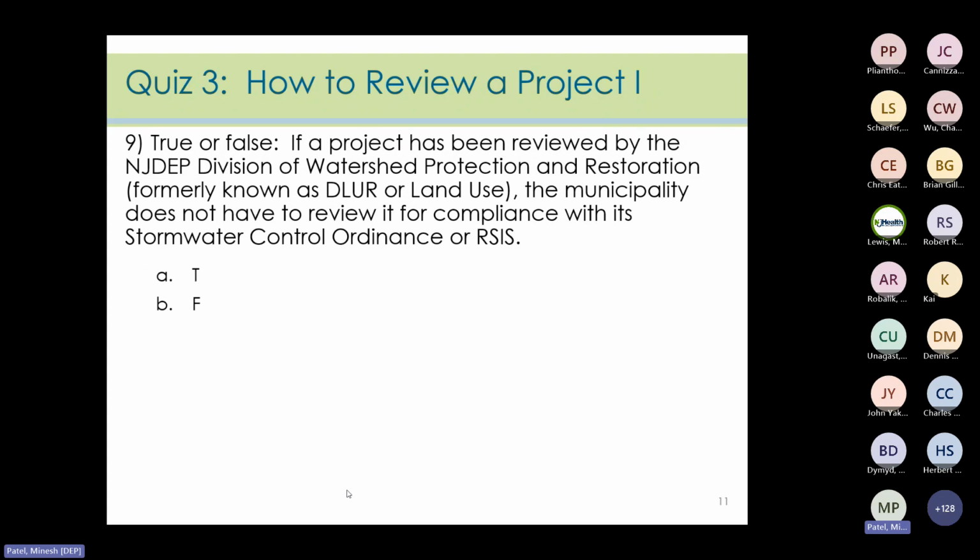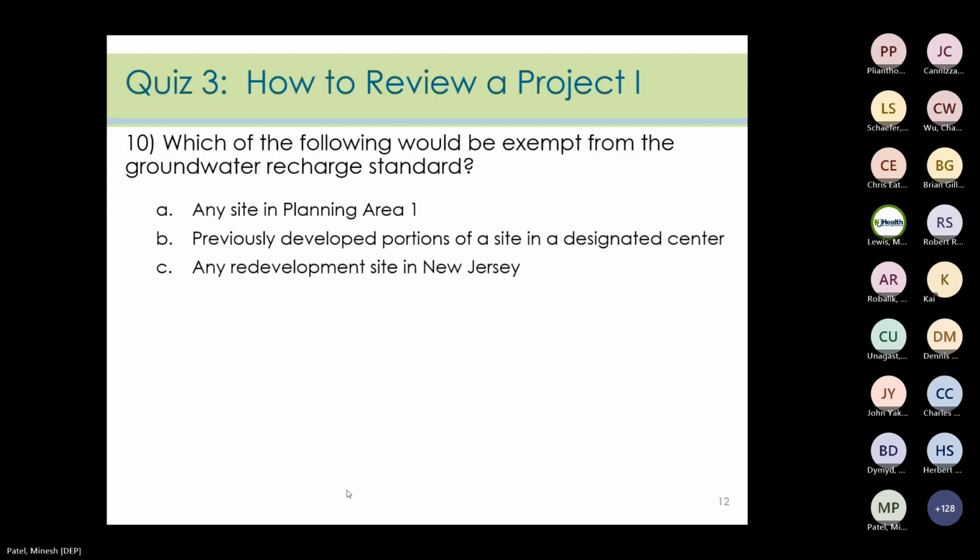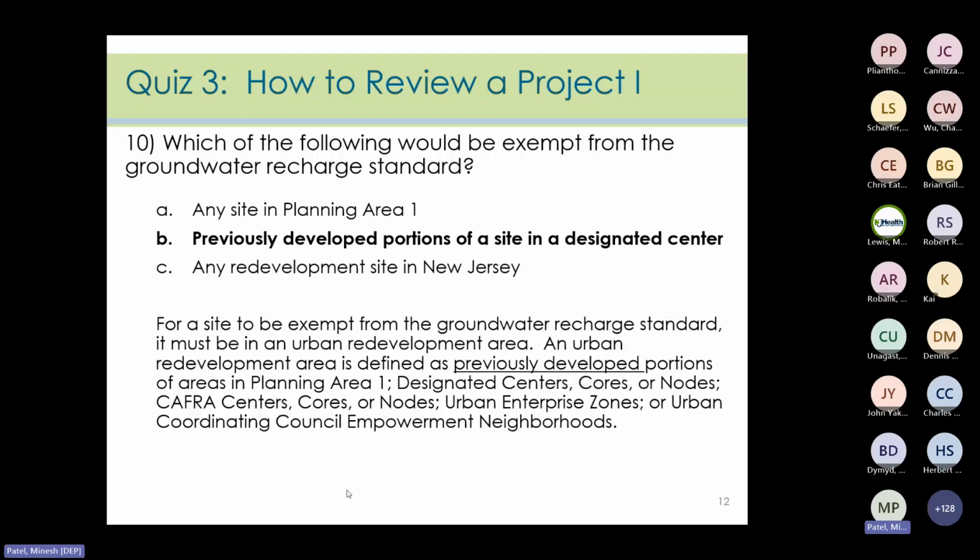If a project has been reviewed by the NJDEP Division of Watershed Protection and Restoration, formerly known as Land Use, the municipality does not have to review it for compliance with its stormwater control ordinance or RSIS. And the answer here is B, that is false. Question 10, which of the following would be exempt from the groundwater recharge standard? And the answer here is only B, previously developed portions of a site in a designated center.